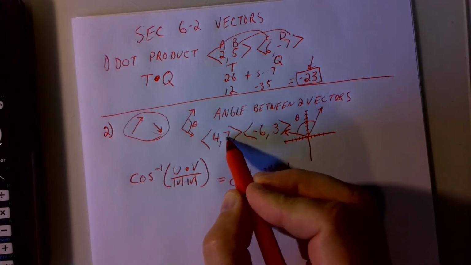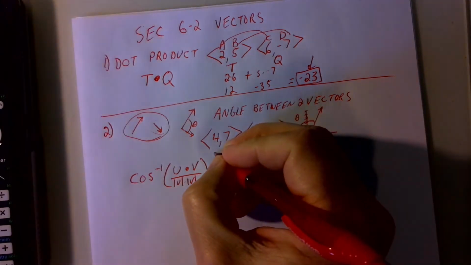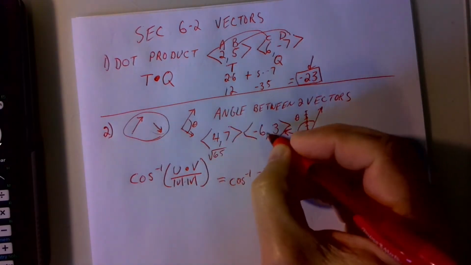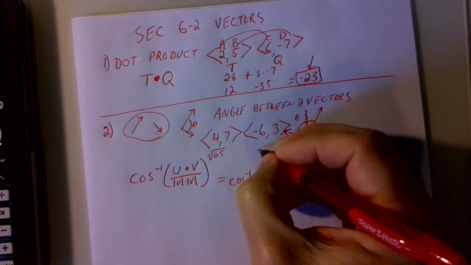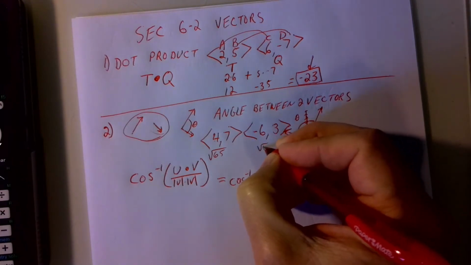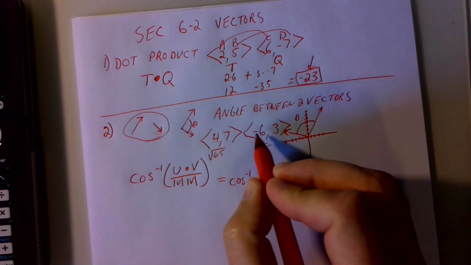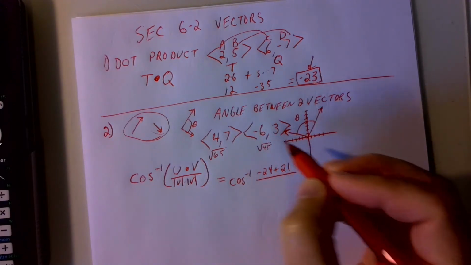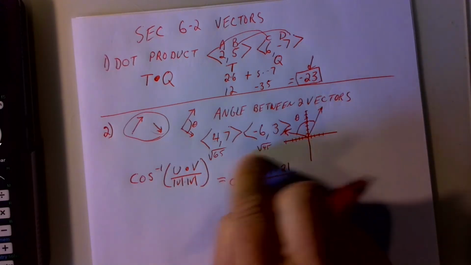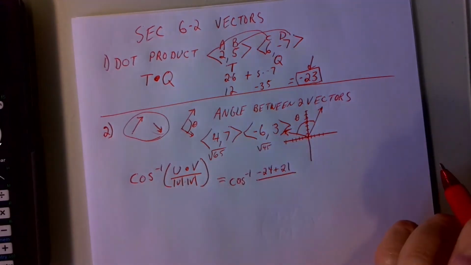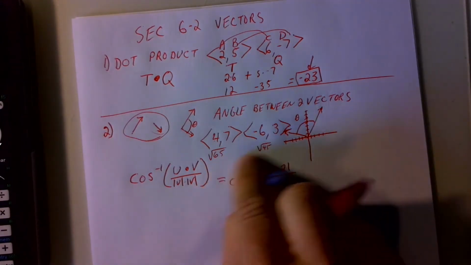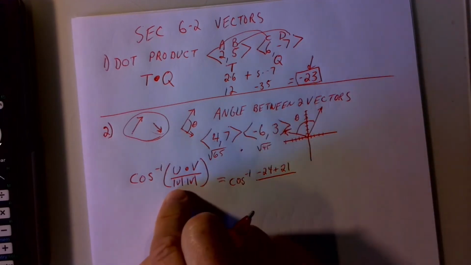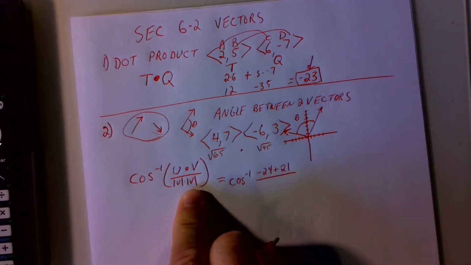So that's 16 and 49, which is 65. So the square root of 65. And then here, 36 and 9, that's 45. Remember, don't forget a negative times a negative is positive. So these square rooted should always be the distances of those two things. And then we're going to multiply those together, right? Magnitude u times magnitude of v.